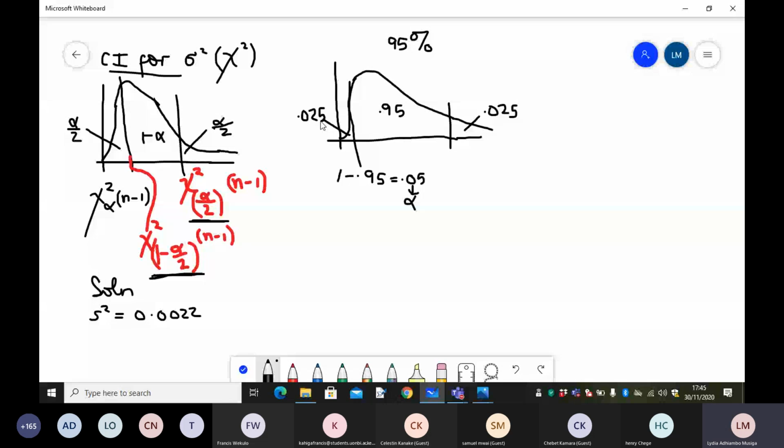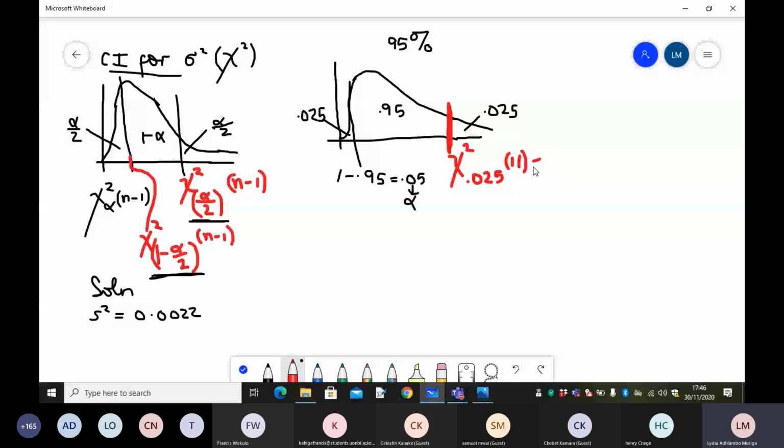So it means that the critical value separating the middle area from the right area is going to be chi 0.025 with 11 degrees of freedom, because n minus 1 is 12 minus 1.